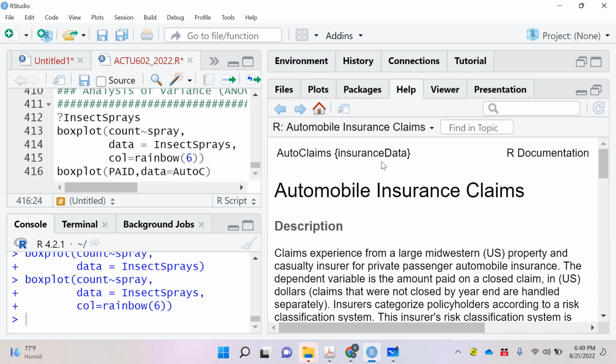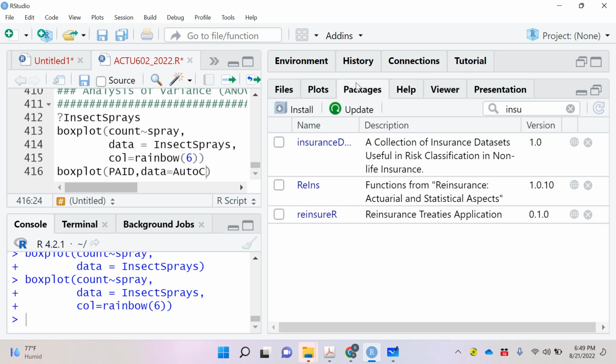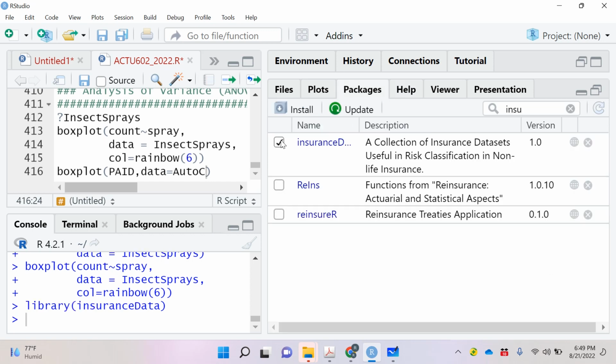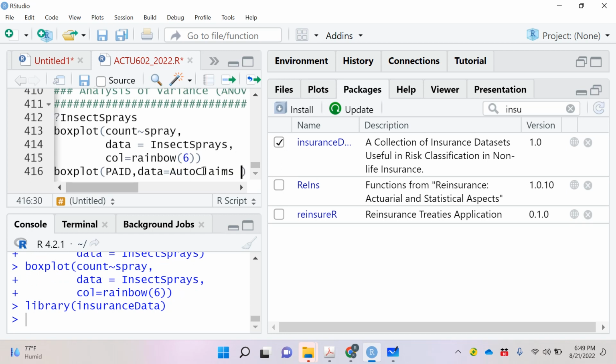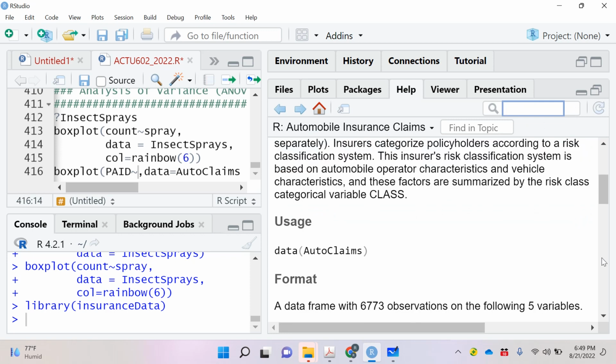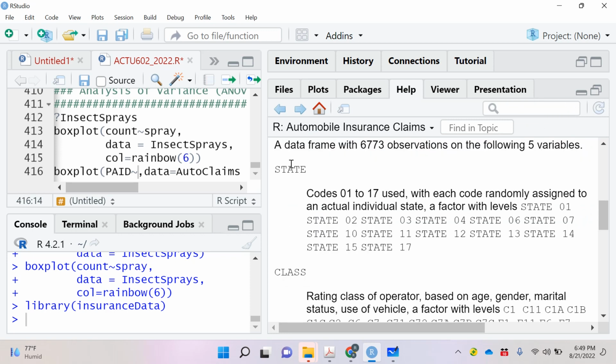Have I loaded auto claims? I think I need to check insurance data. I haven't. Yeah, that's why. So the data is auto claims and then paid as a function of state, I think. States.